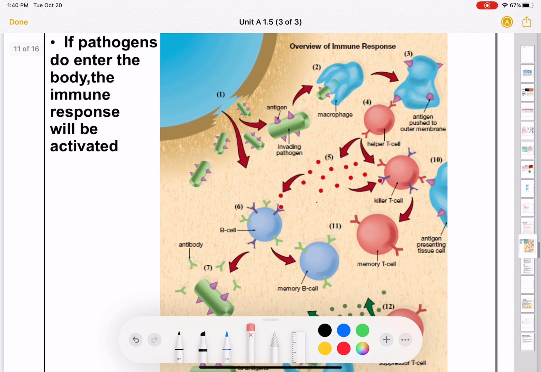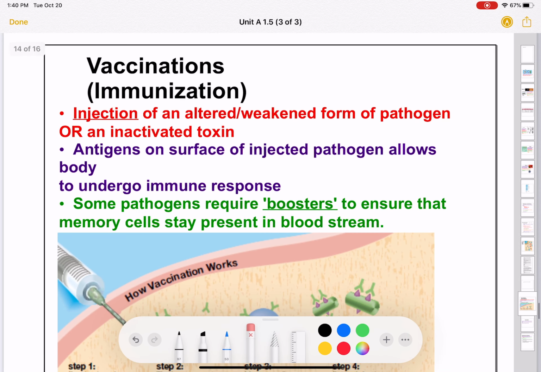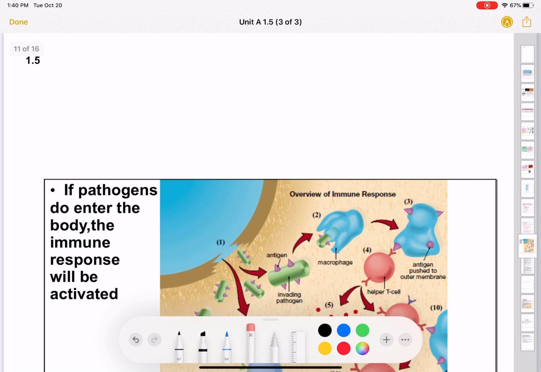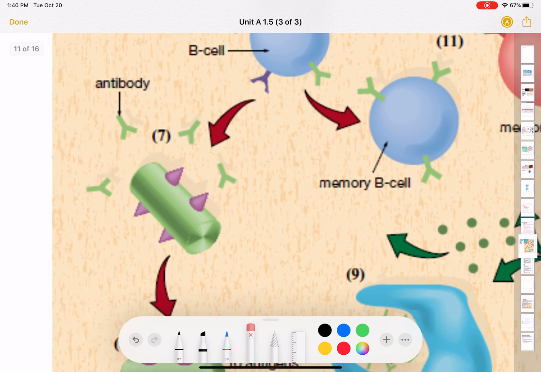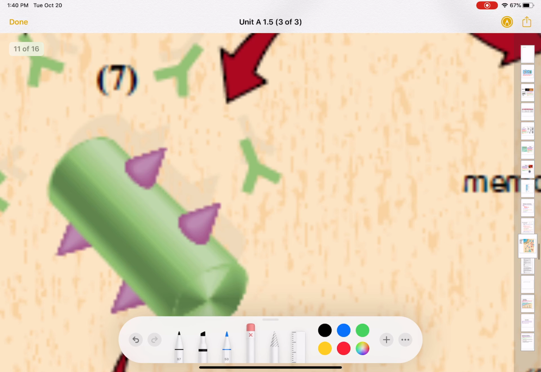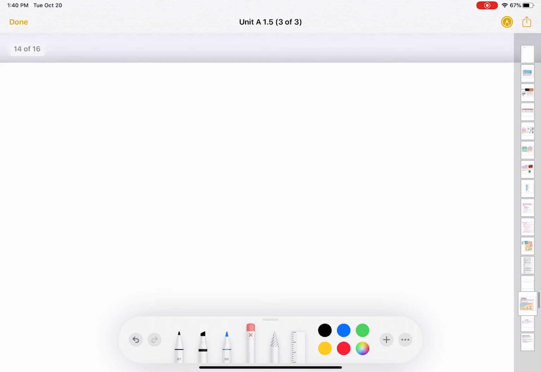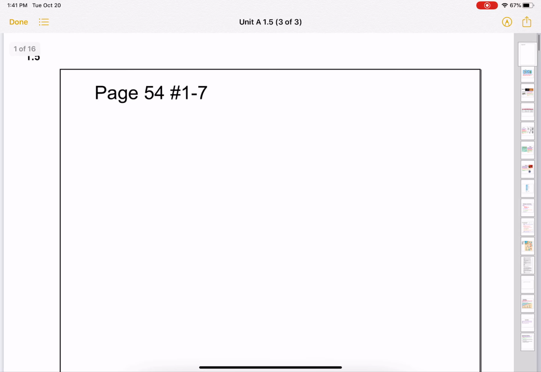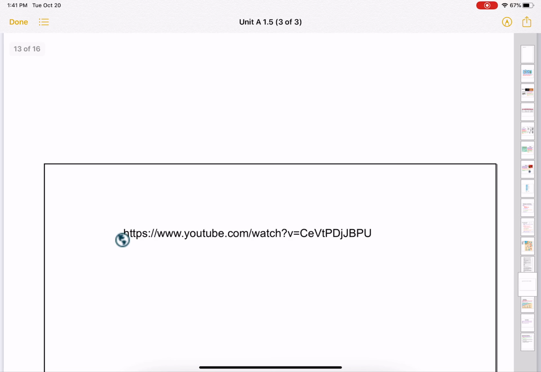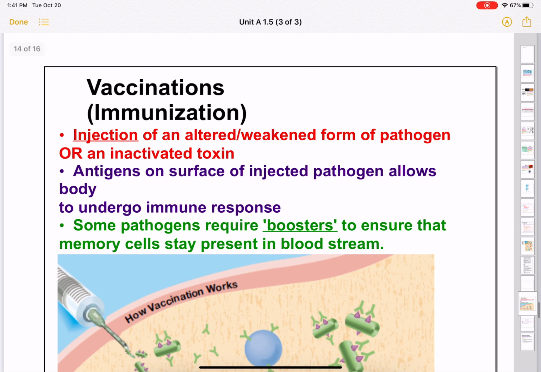So this whole response, your body does that when you get a vaccine, and it creates those little antibodies that we want. We want those antibodies so that when a virus comes along in full force, not a dead part of it, we have the antibodies already present so that it can act faster to kill off the virus.